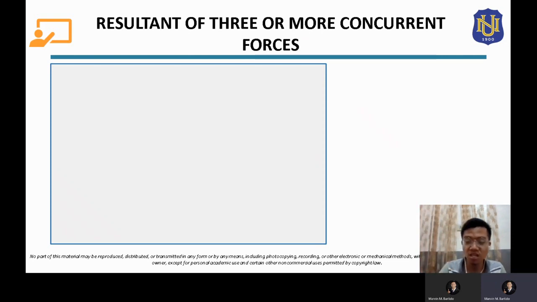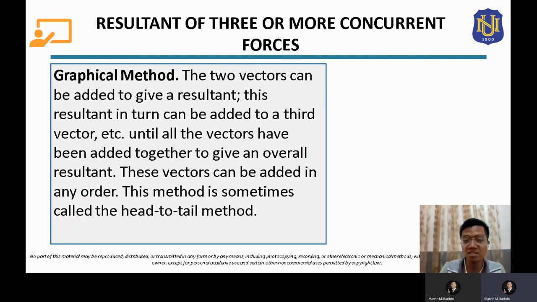The first method of solving the resultant of three or more concurrent forces is what you call the graphical method. Actually, the triangle law that we have discussed is a graphical method. In the graphical method, two vectors can be added to give a resultant.